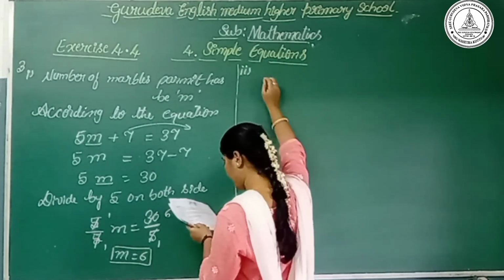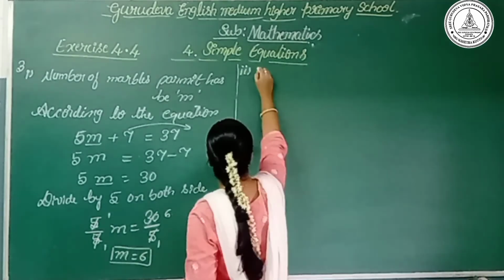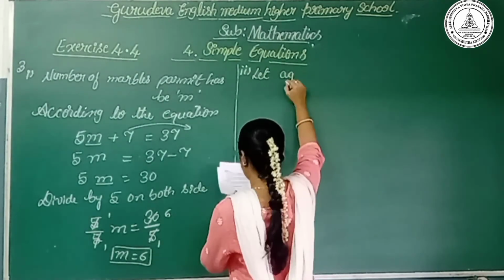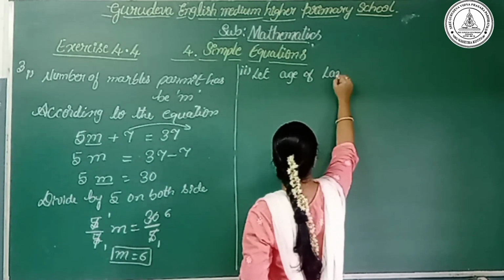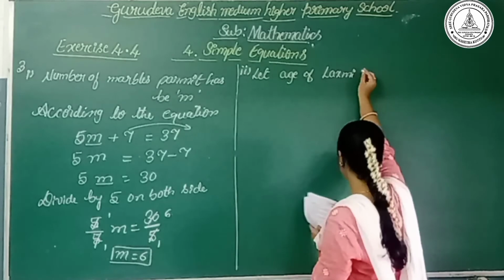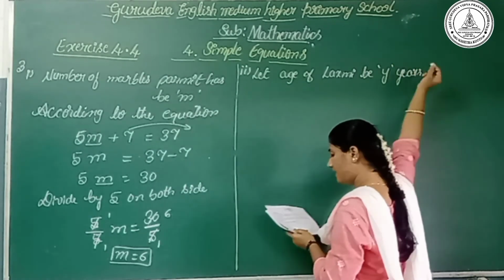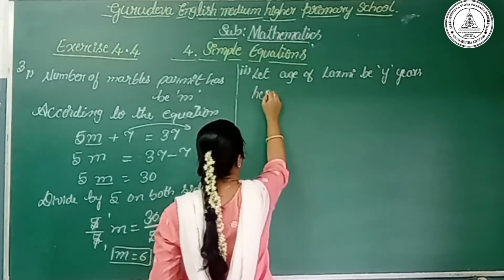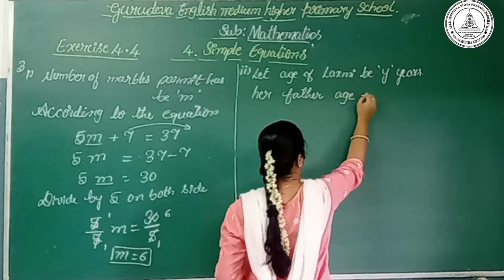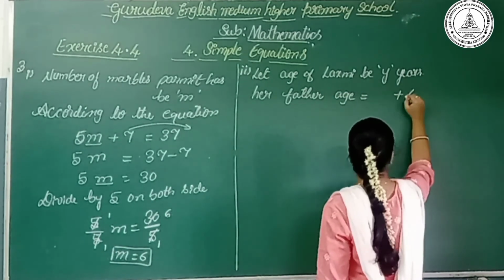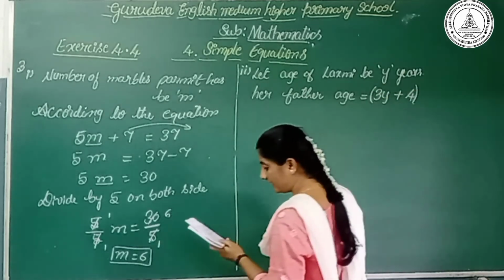Let the age of Lakshmi be y years. Then her father's age is 4 years more than 3 times Lakshmi's age.